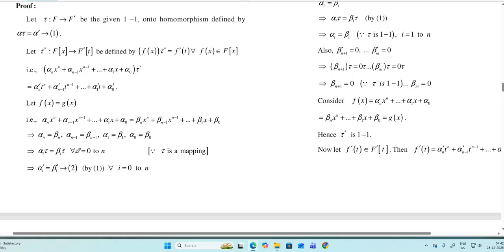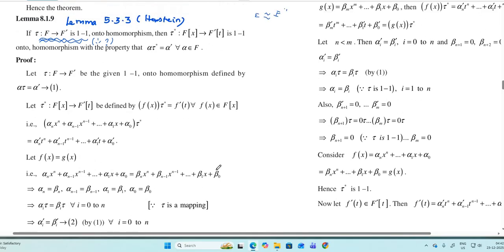Because tau is a mapping, well-definedness is there. So elements in the domain are equal means the images must be equal. So under any mapping you have this, but this is nothing but alpha i prime and this is nothing but beta i prime.